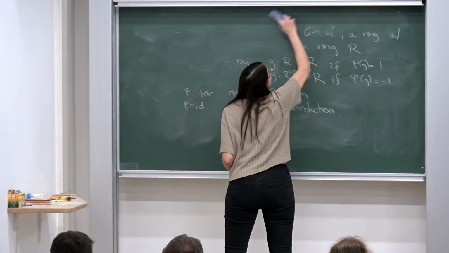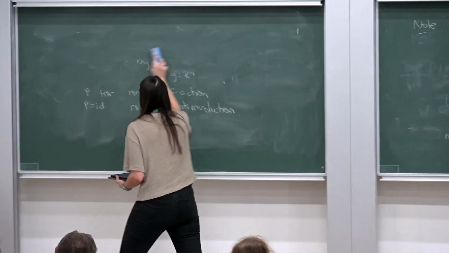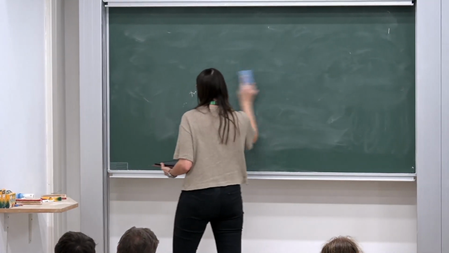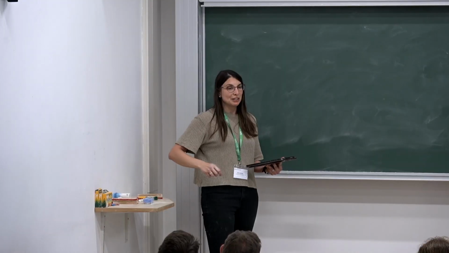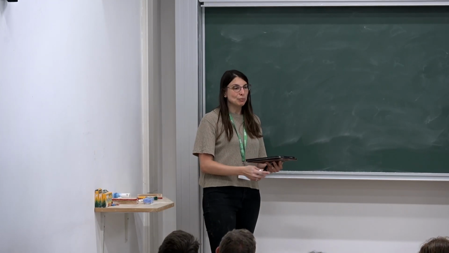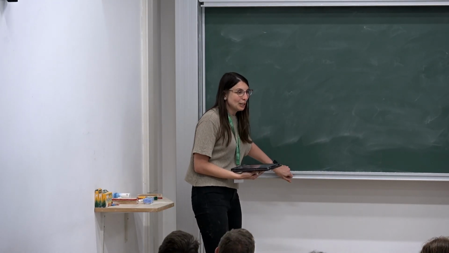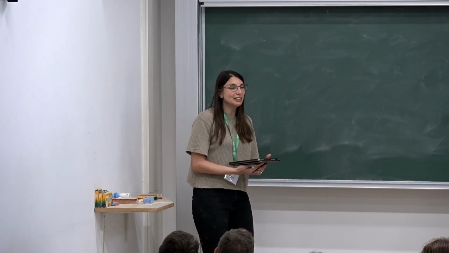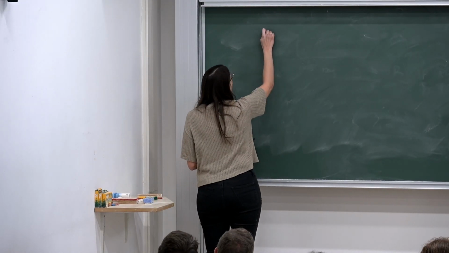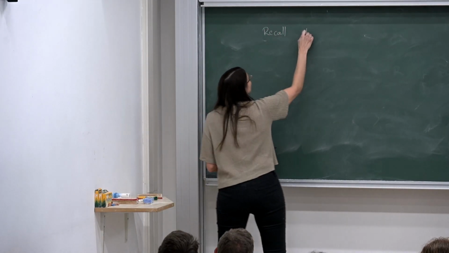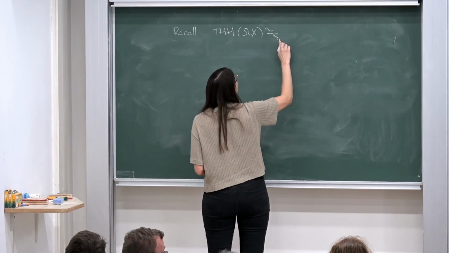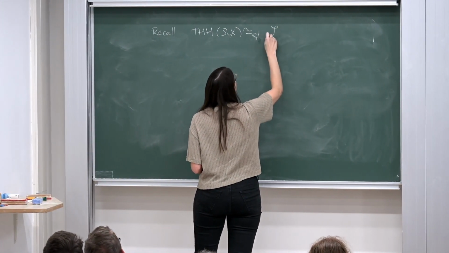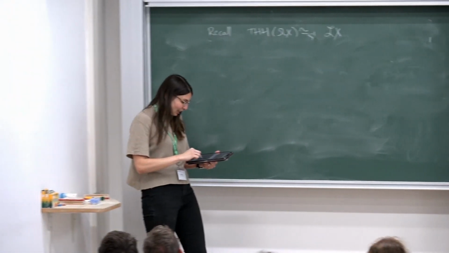So what are topologists' favorite rings? Okay, the sphere. The sphere is a good one. And more generally, loop X. And recall that we have this beautiful result about THH being the same as the loop space.